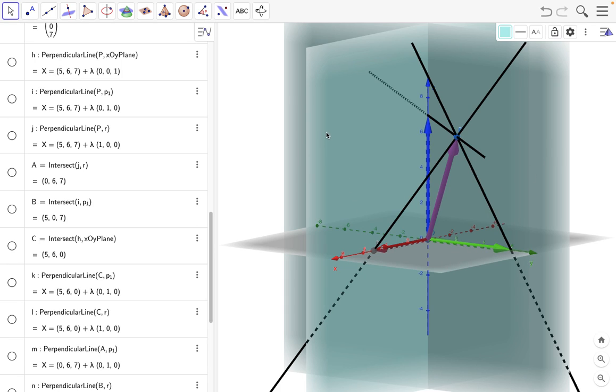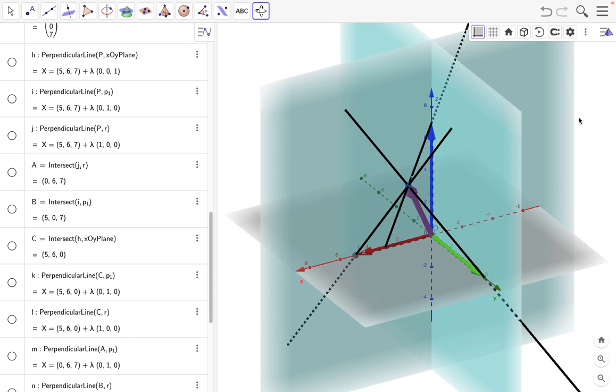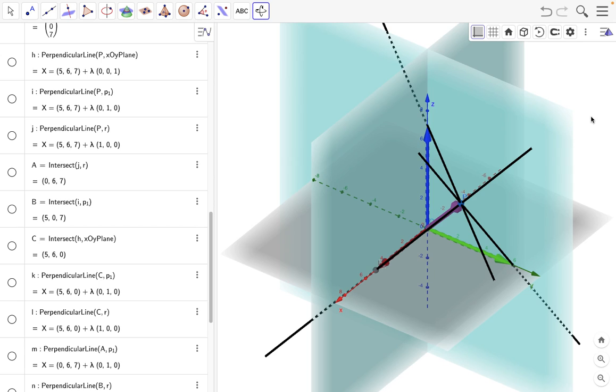The plane which is perpendicular to the x direction is called the x plane. Red is in this direction, so this plane is called the x plane, as it is perpendicular to the x direction.